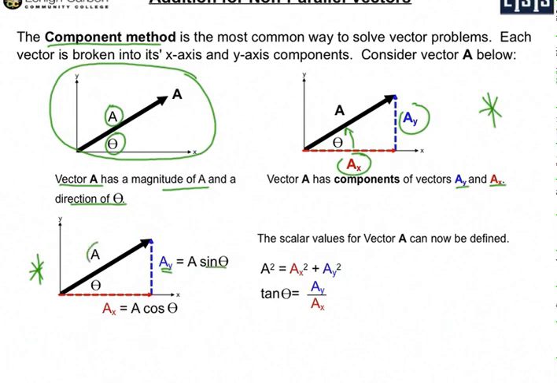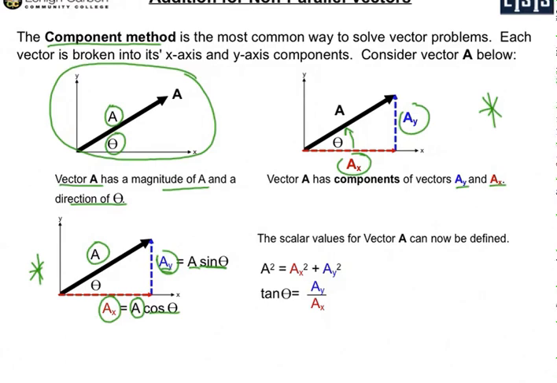So if we know the magnitude of A, you take that magnitude times the sine of theta, that'll give you your magnitude of AY. And similarly, to get the magnitude of AX, you would take the overall magnitude A times the cosine of theta, cosine being adjacent to the theta. And remember, sine is the component that's opposite of the theta angle.